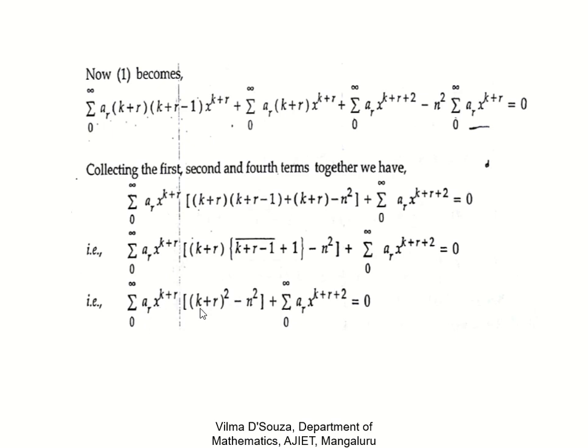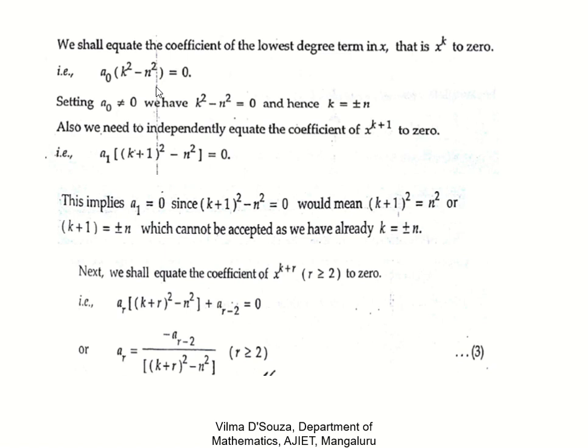A0 times k square minus n square. When r equal to 0, the term is A0 x power k, k square minus n square. So what is the coefficient of x power k? A0 k square minus n square.